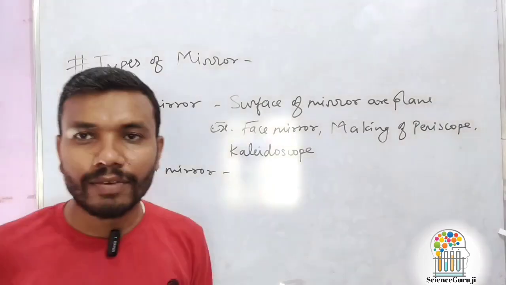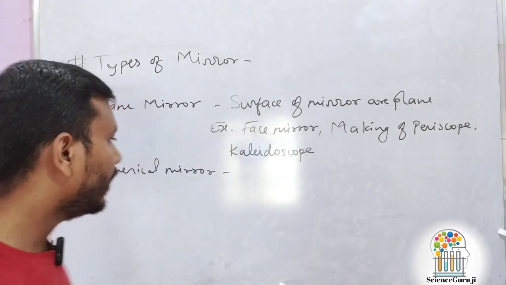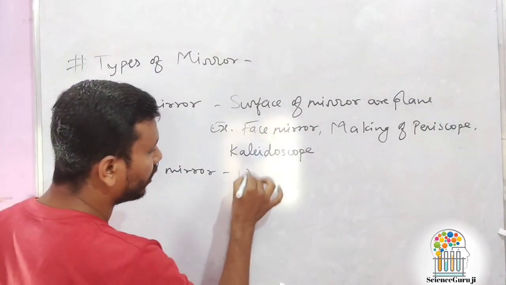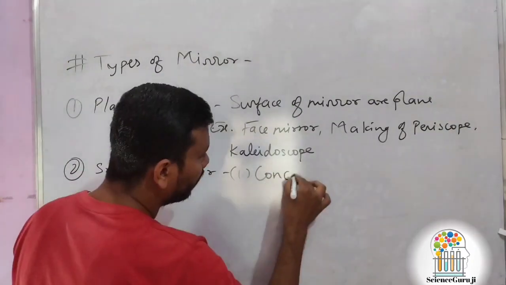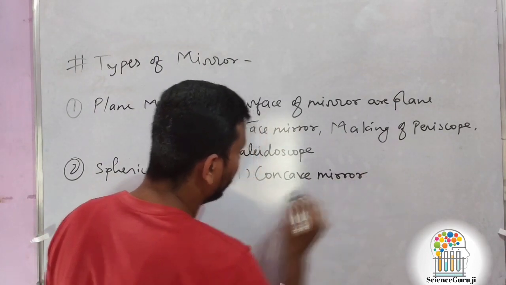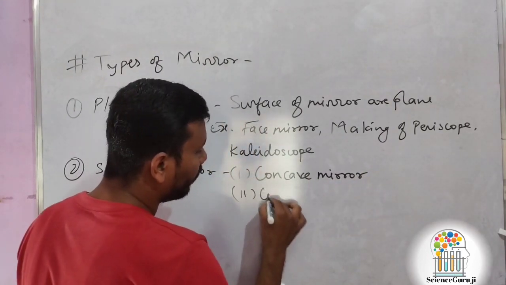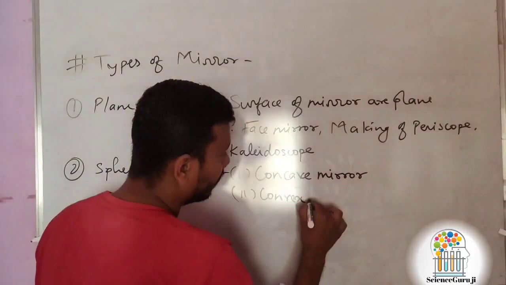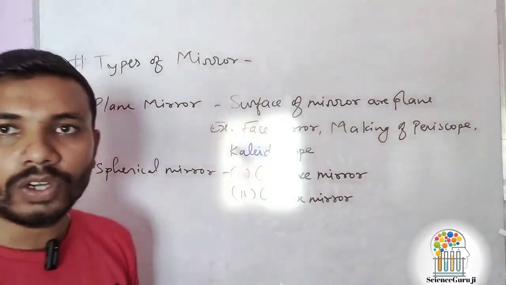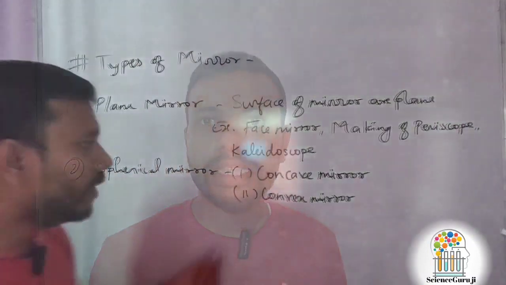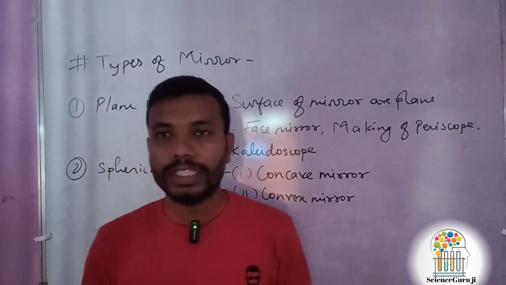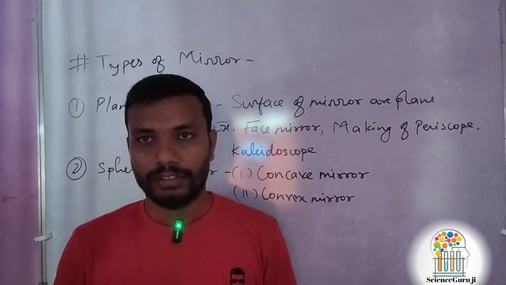A spherical mirror is again divided into two types. The first one is the concave mirror, and the second one is the convex mirror. Basically, concave mirrors are those mirrors which are curved inward.